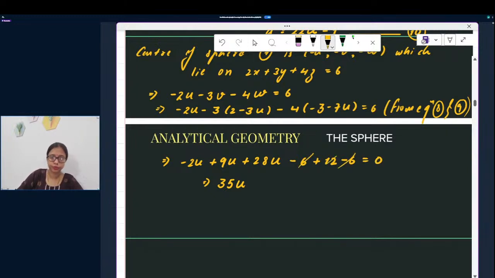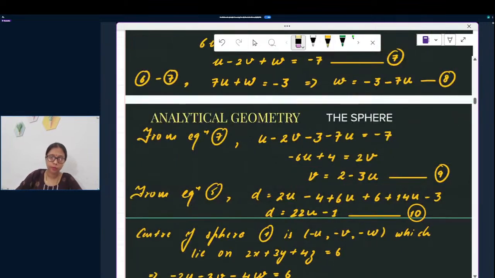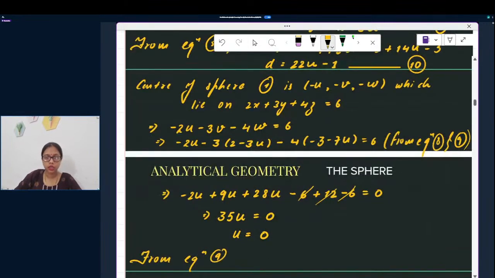So u is 0. U is 0. All right. If u is 0, it implies, let's start with v, from equation 9.